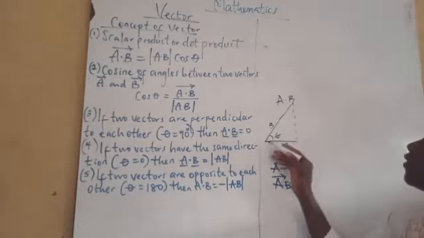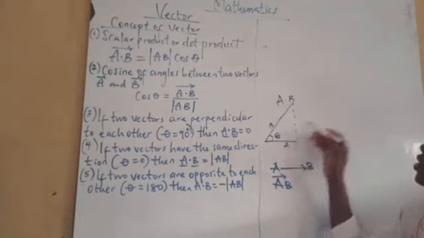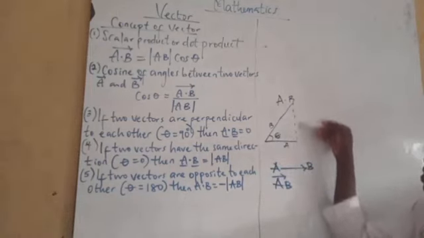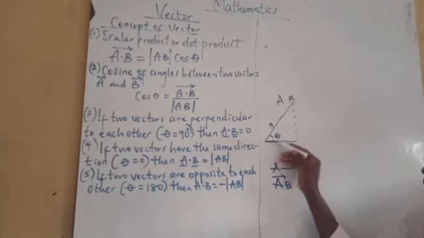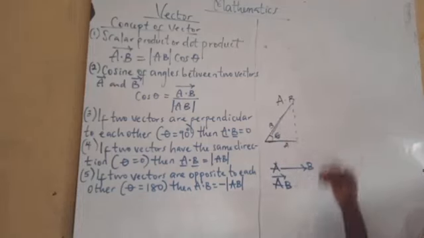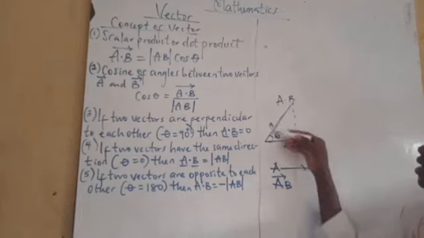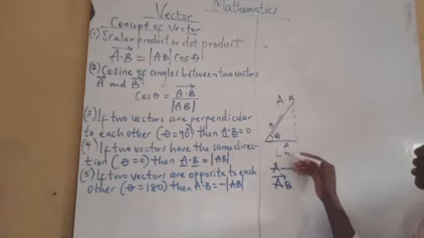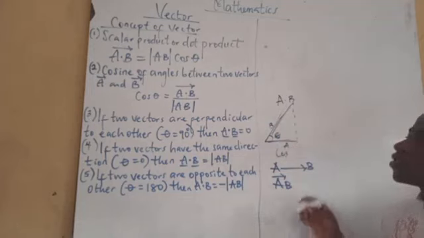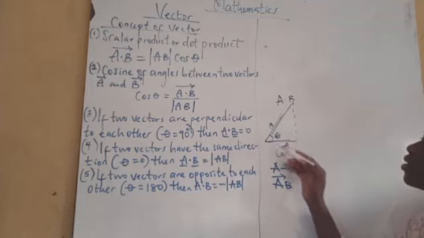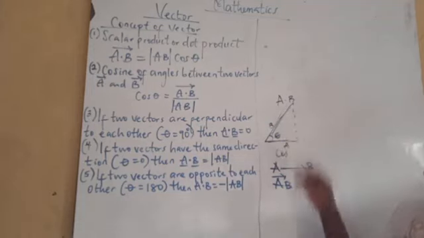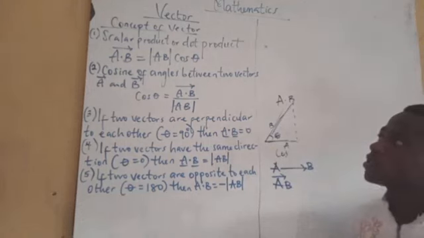So we have here our theta, here is our opposite, this is our adjacent and our hypotenuse. Cos is adjacent over hypotenuse. So I can say our cos theta is adjacent over hypotenuse.